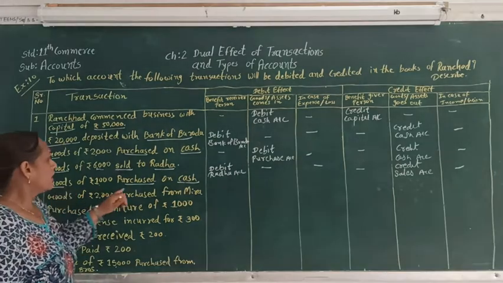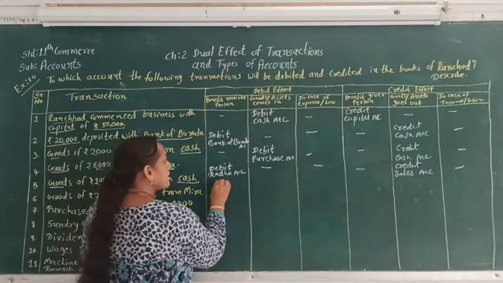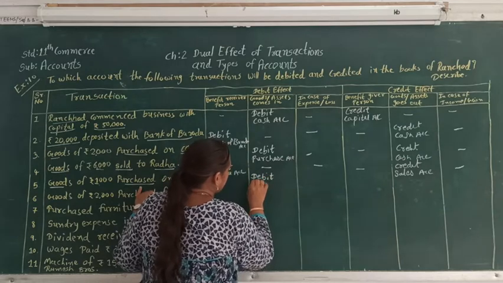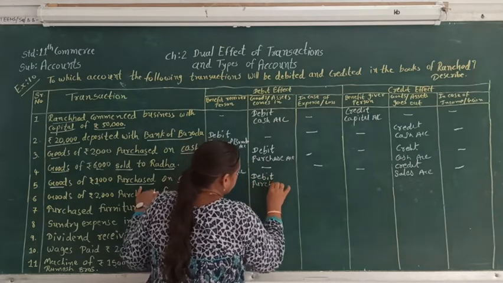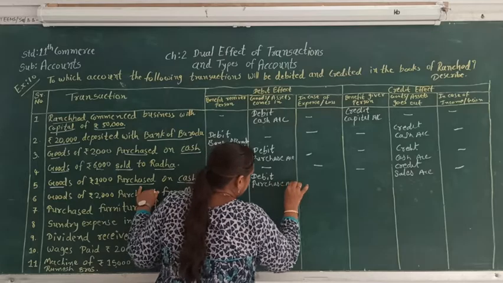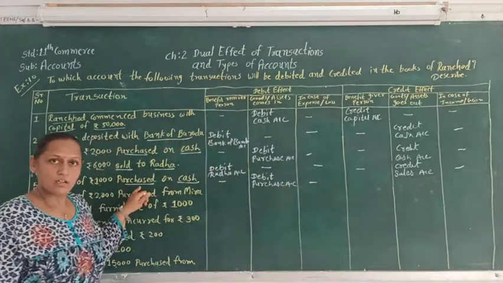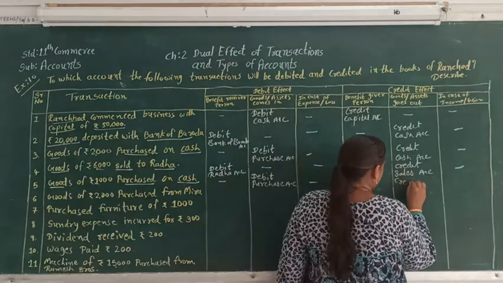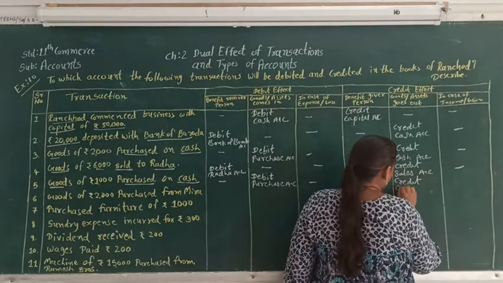So here the purchase account is going to be debit purchase account, and cash is going out of the business, so credit cash account.